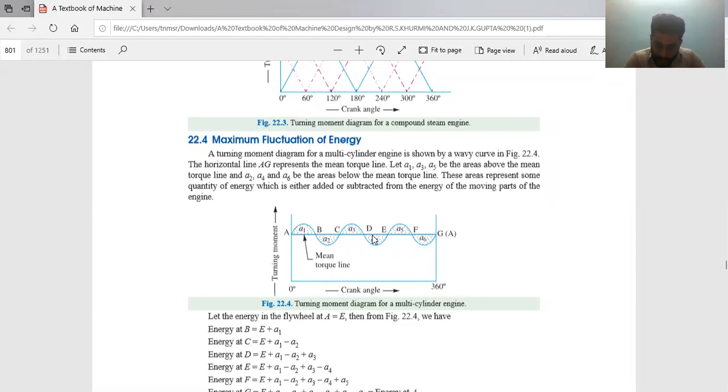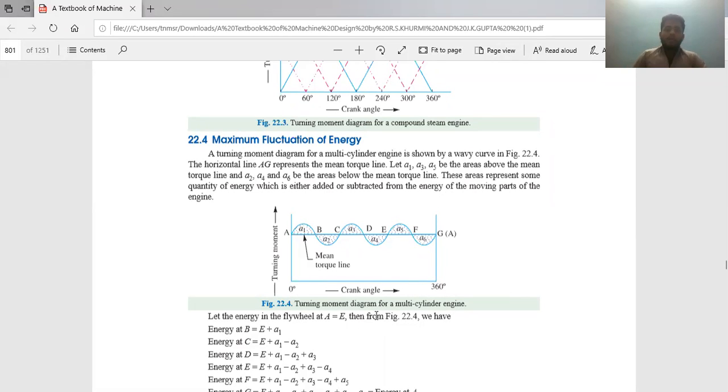About this mean torque line, you are getting the fluctuations. Some fluctuations are positive in nature, some are negative in nature, for the crank angle, and the crank angle can vary maximum from 0 degree till 360 degree.